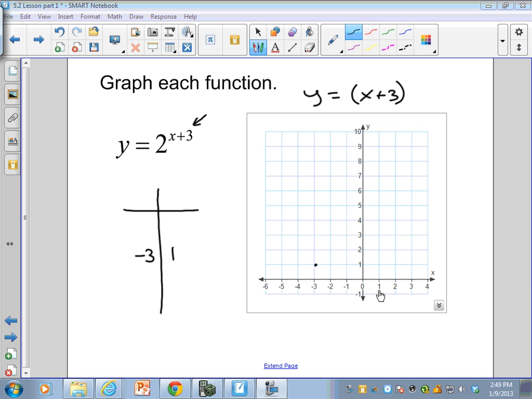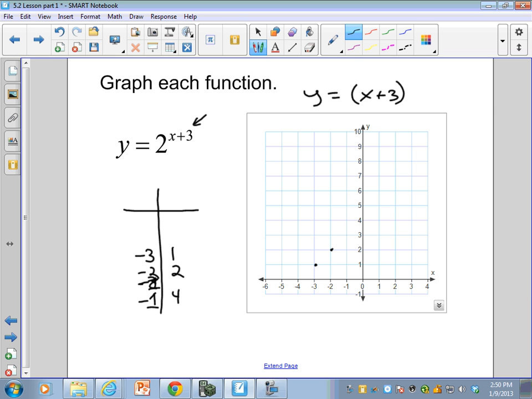Then I'm going to pick my points just like I would. So negative 2 would give me an exponent of 1. So 2 to the first power is 2. So negative 2 would be 2. And negative 1 would give me a power of positive 2, which would make that 4.